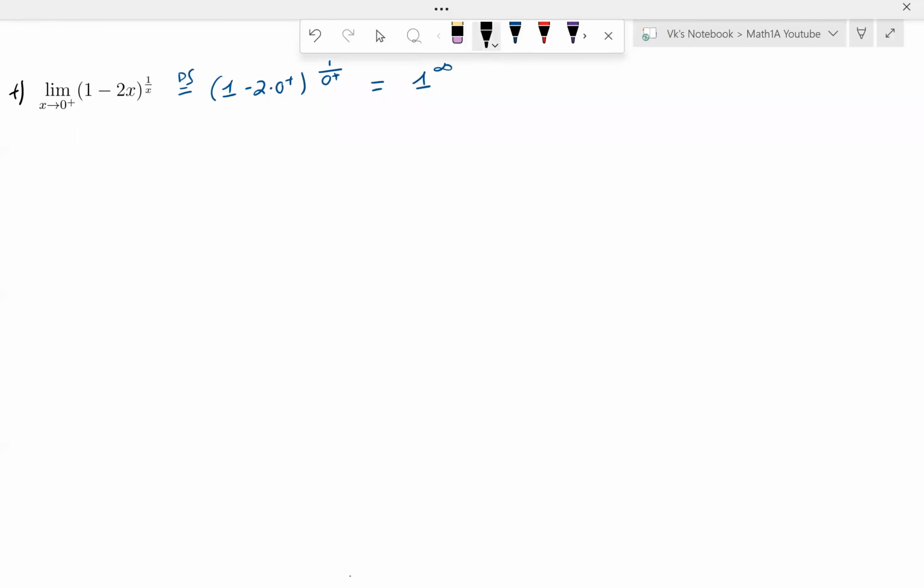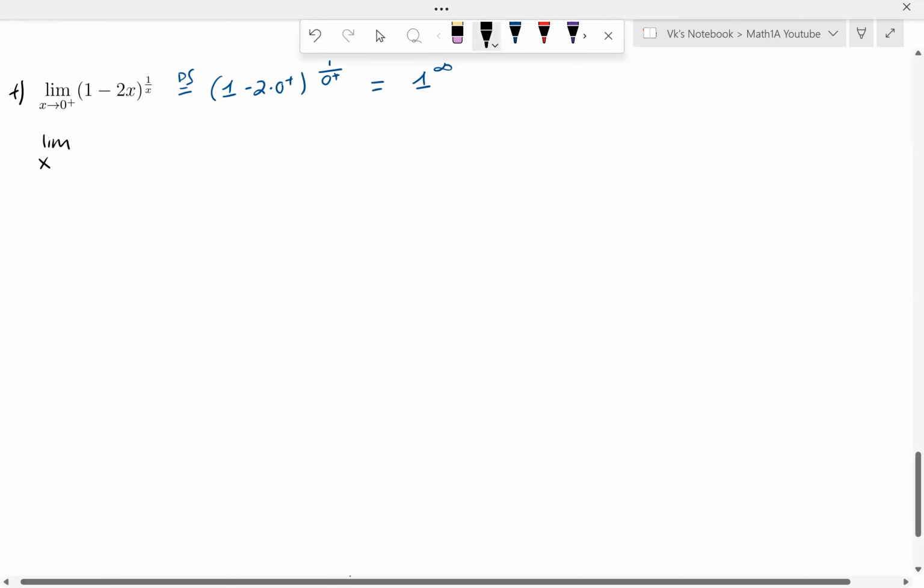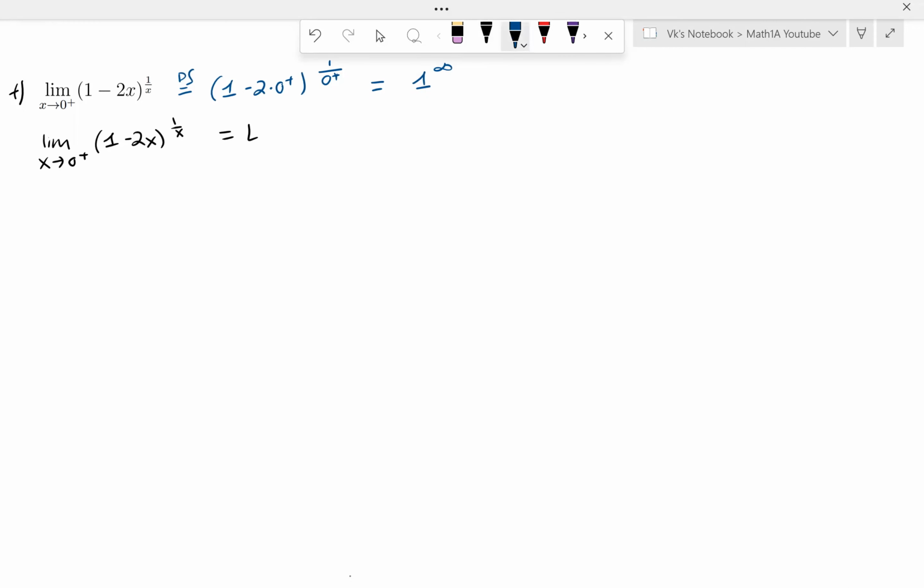So we're going to let the limit as x goes to 0 from the right side of 1 minus 2x to the power 1 over x equal L. Next step is to take ln on both sides. And we can move the limit in and out because of a limit law.